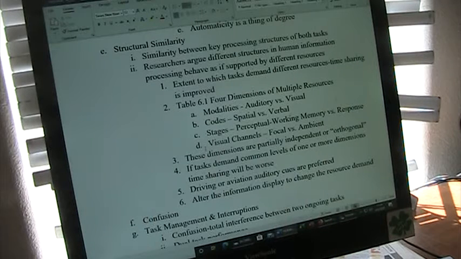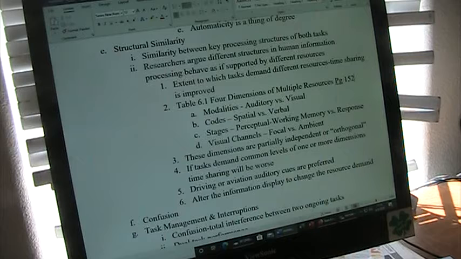So, looking at table 6.1 on page 152, we have four dimensions for multiple resources. We have the dimension of modalities, so you have auditory and visual modalities.